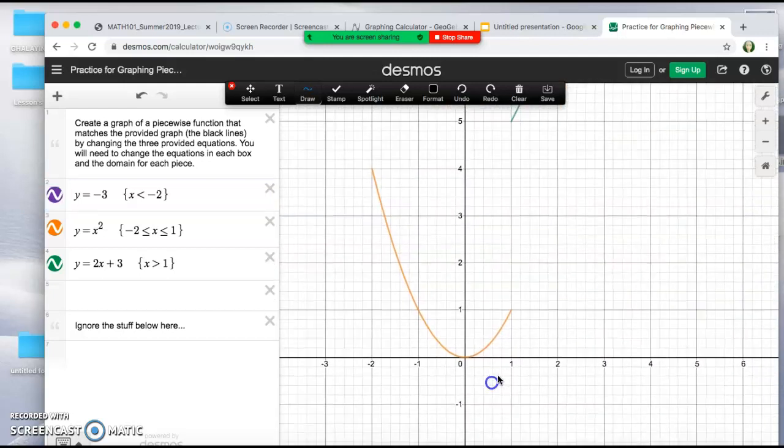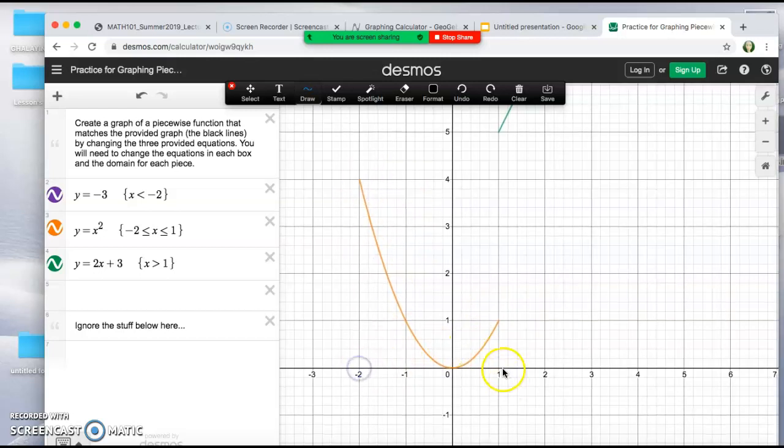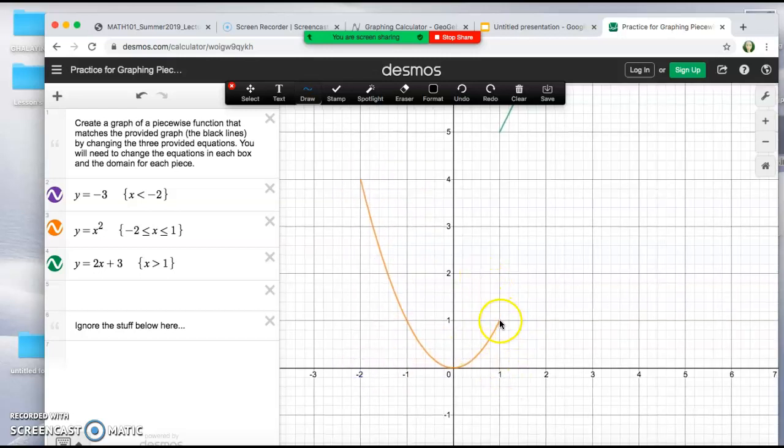Now, y equals x squared, you see this, it's not the full graph of y equals x squared. We're only graphing pieces of y equals x squared. We're graphing the piece of y equals x squared where x is between -2 and 1. And look, closed circle. You see that?